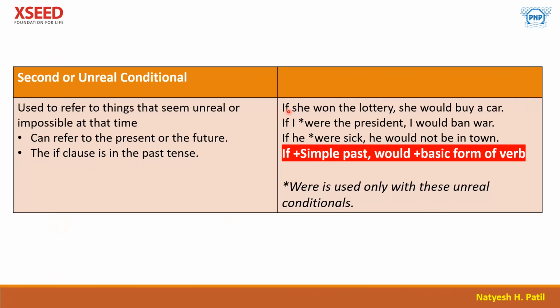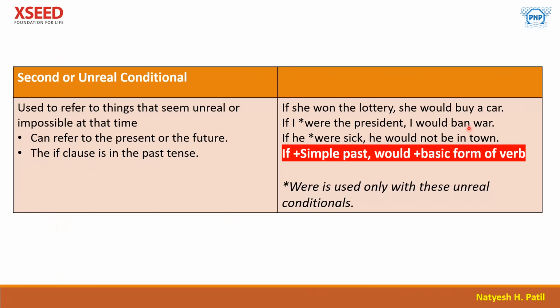Here, if I were the president, I would ban war. Now do you think this is something very easy, to become a president and to ban war? Is that so easy?